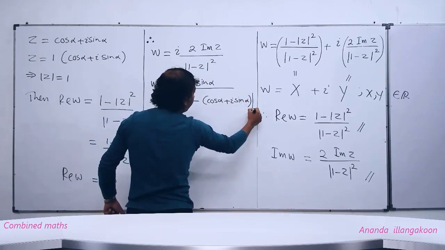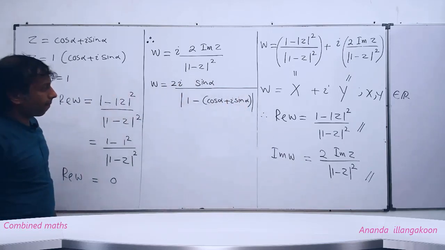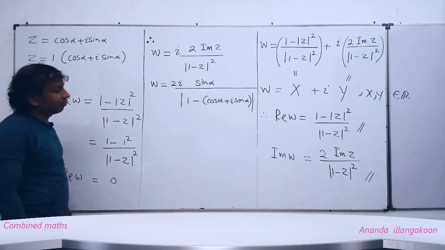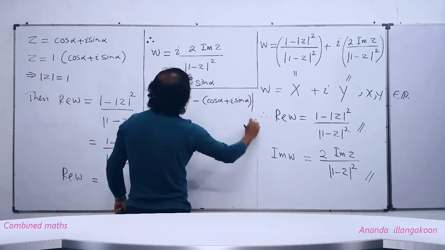This way we have. Now we have to simplify this a little bit. This is a perfect square, no? 1 minus z perfect square.